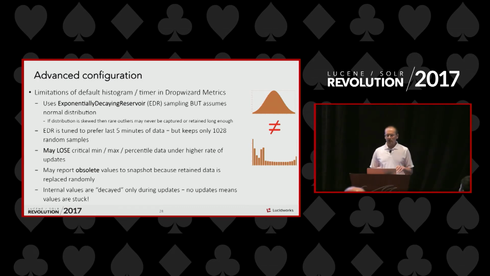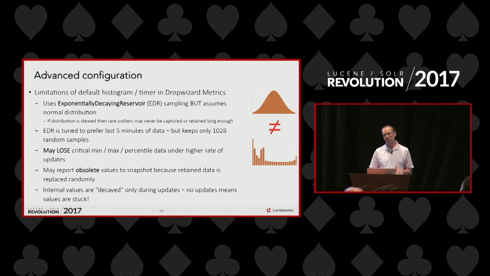So for example, the default histogram and timer in Dropwizard metrics uses exponentially decaying reservoir, which is used for sampling the incoming values. But the thing that is not widely advertised in the API is that it assumes that the values that you put into this reservoir more or less follow the normal distribution.